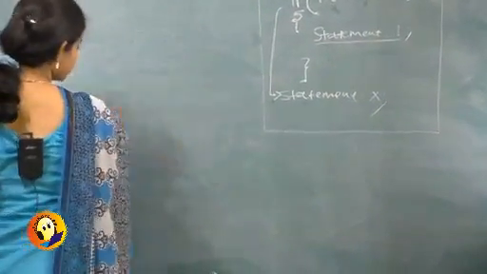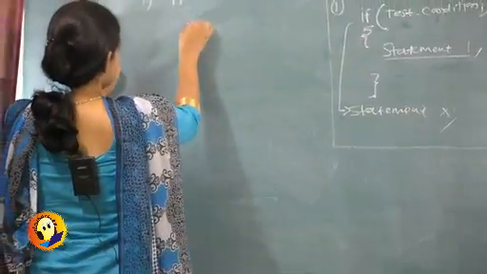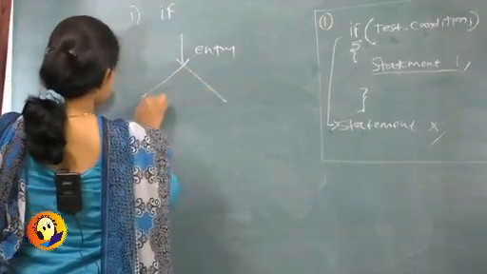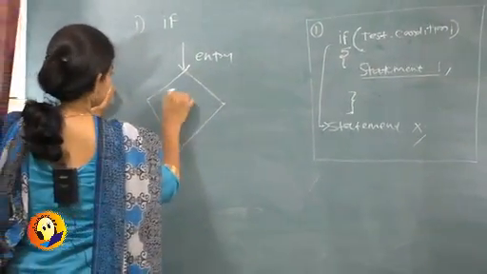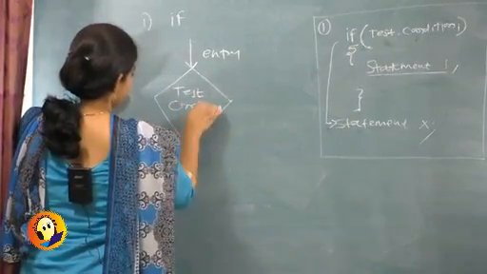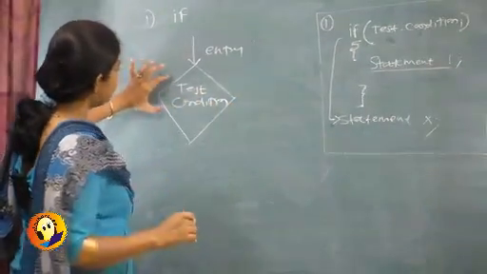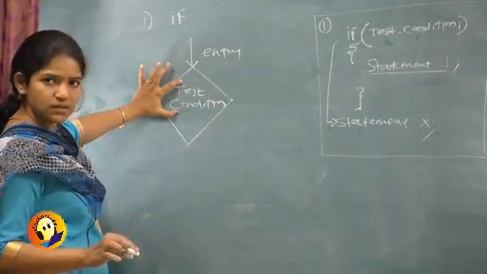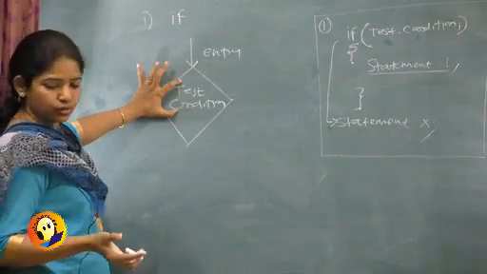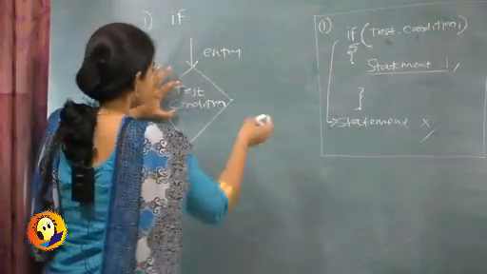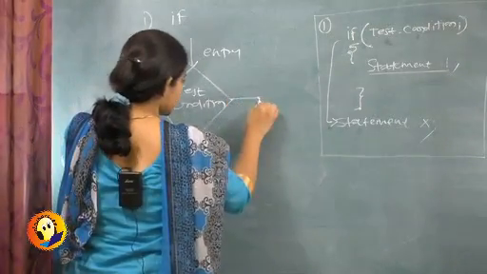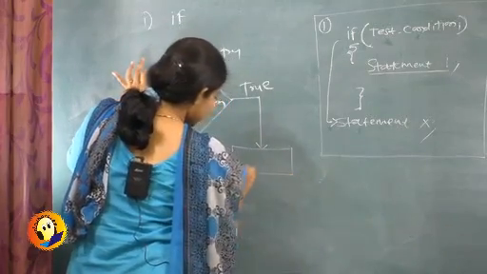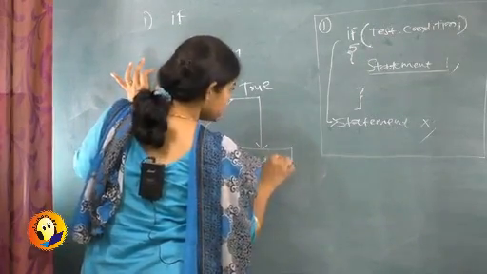If block. The starting of your program is nothing but entry. After that, the test condition of the if block. If we want to take a decision, then we need to represent it in a diamond, as this is very similar to your C programming or C++ programming. After that, if this particular condition is true, then it will execute statement 1.